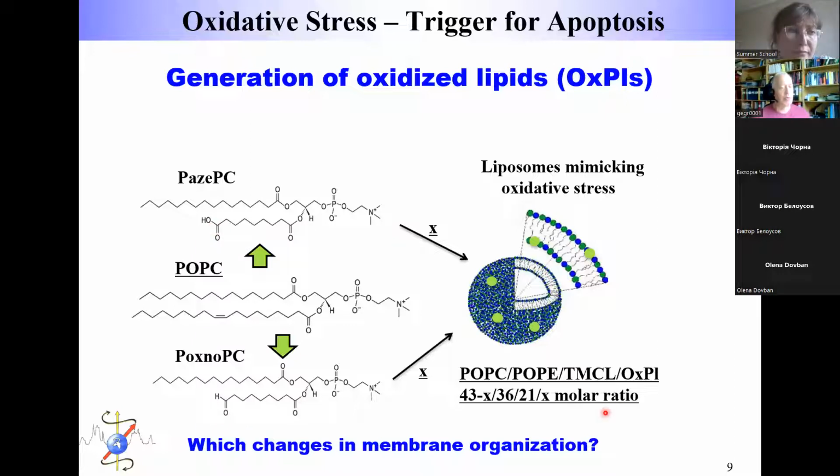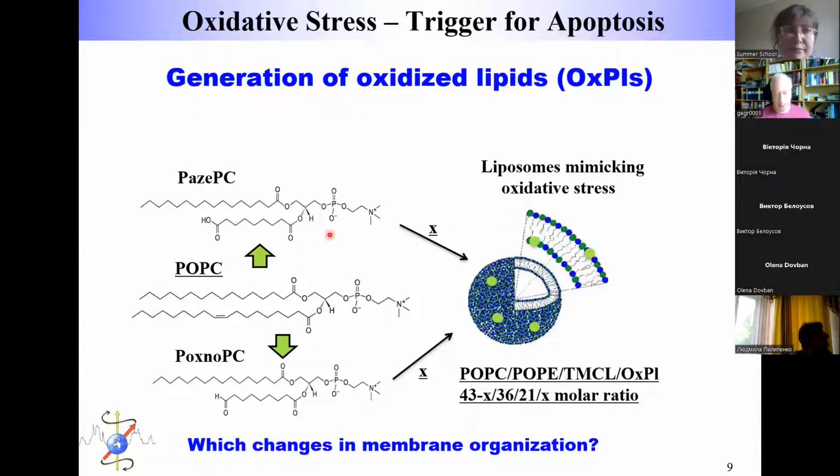For the mitochondrial membrane, we use PC, PE, cardiolipin, and sometimes also oxidized lipids. We use a quite nice ratio where we try to realistically mimic the mitochondrial outer membrane. It's not perfect because real membranes are asymmetric and we make it symmetric, and they have a little sterol and so on, but the basic functions they all have.